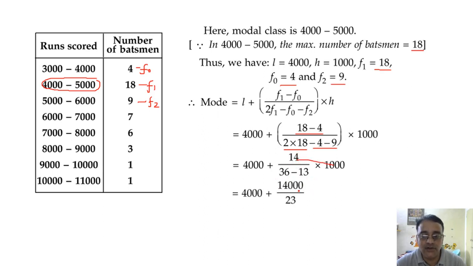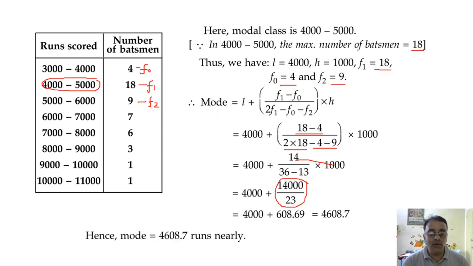So 14 into 1000, 14,000 upon 23. 23 is a prime number. If we divide by 23, we get 608.69 approximately. So the final answer is 4608.7. Hence the mode is 4608.7 approximately runs. Any doubt in this question?